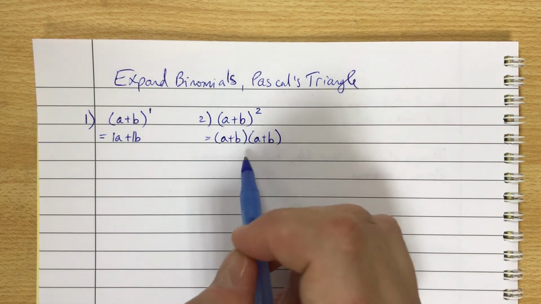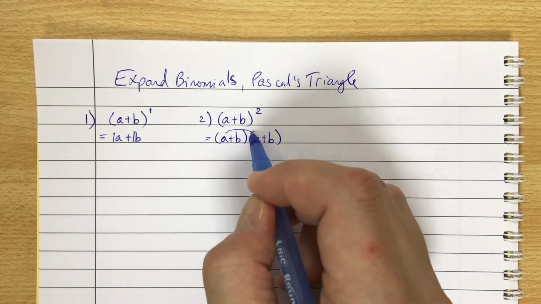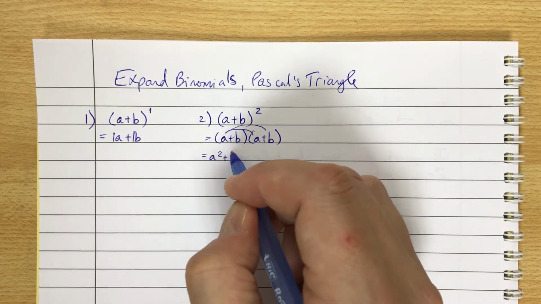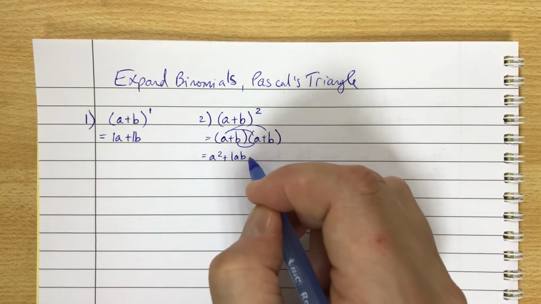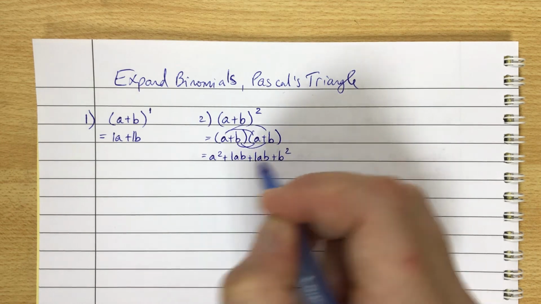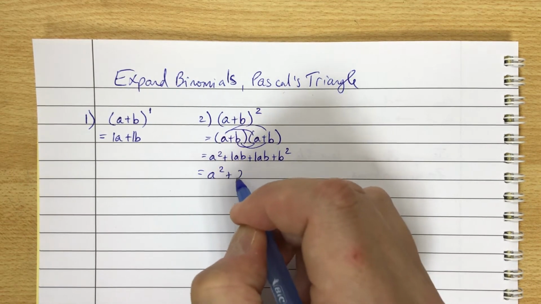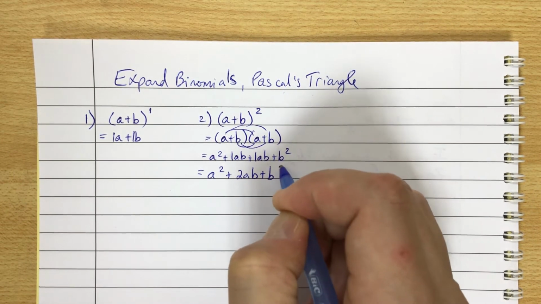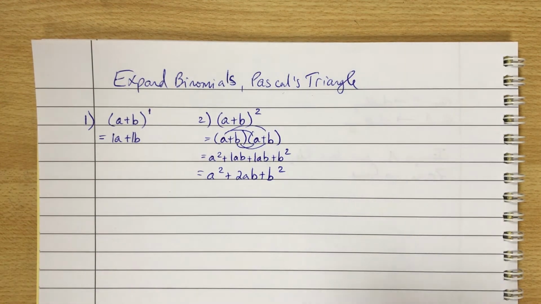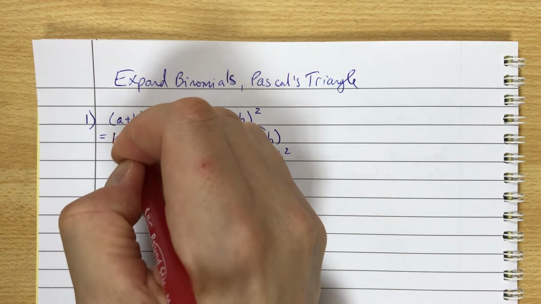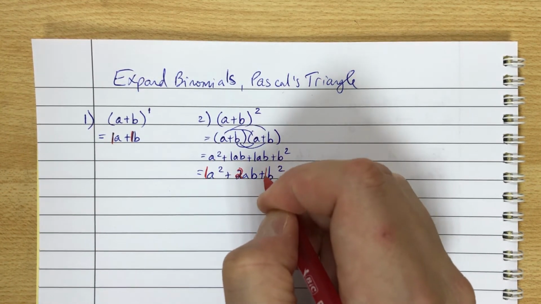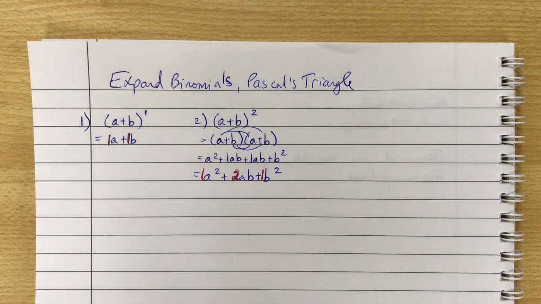If we double distribute, or you may have learned this as FOIL, we get a squared plus 1ab plus 1ab plus b squared. And we get a squared plus 2ab plus b squared. One thing I'm going to do is highlight the coefficients here: 1a squared, 2ab, 1b squared.